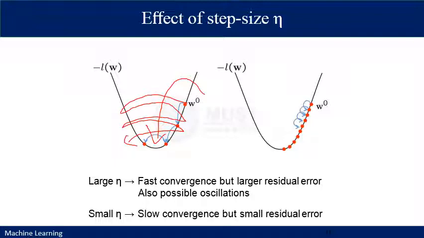On the other hand, if you have a smaller value of your learning rate, your algorithm is better optimized to converge, but it will take a longer time to converge. Similarly, you will have a lower residual error and your algorithm optimization will not bounce a lot.